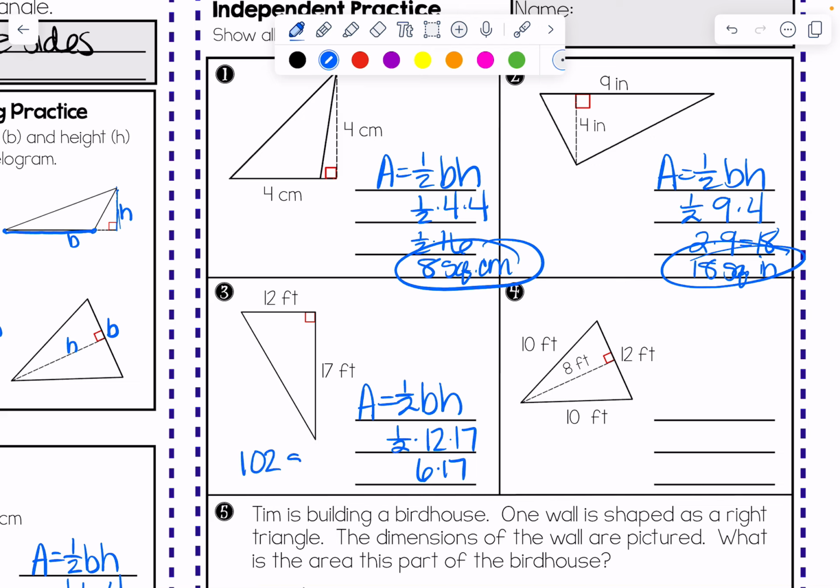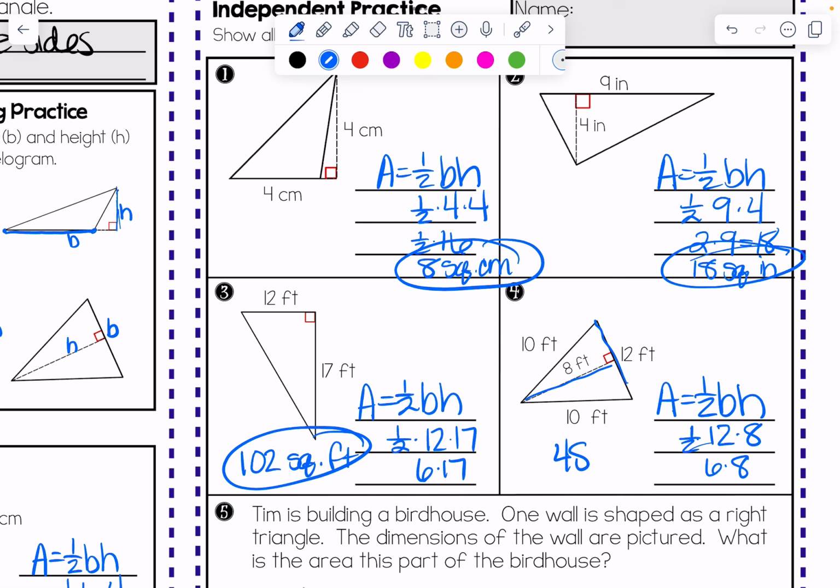So this is 102 square feet. And on this last example, start with that formula, 1/2 base times height. Base and height are perpendicular to each other, so forming that right angle, so that's the 12 and the 8. And so I know half of 12 is 6. 6 times 8 is going to be 48 square feet.